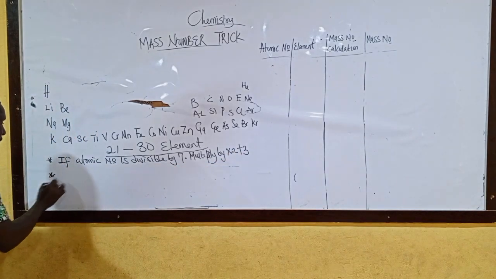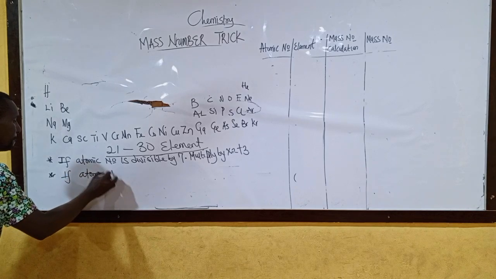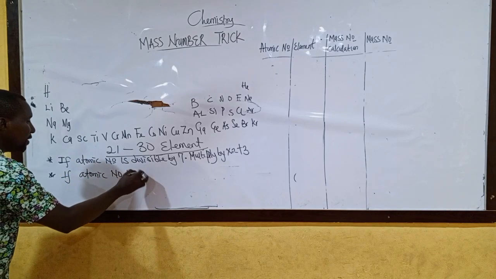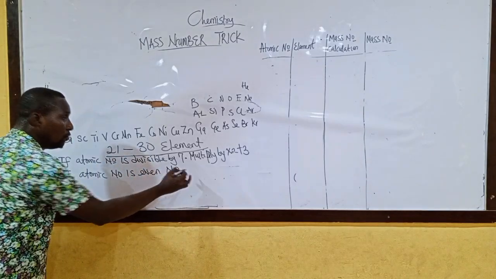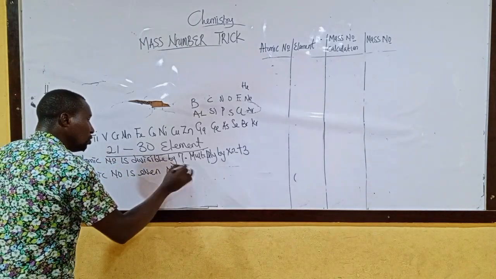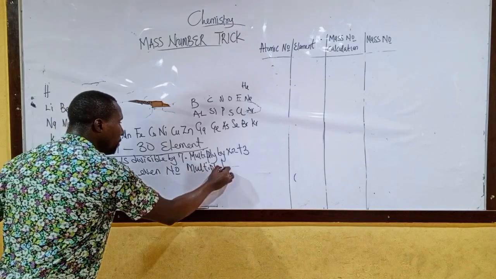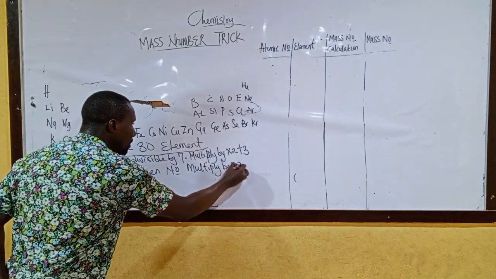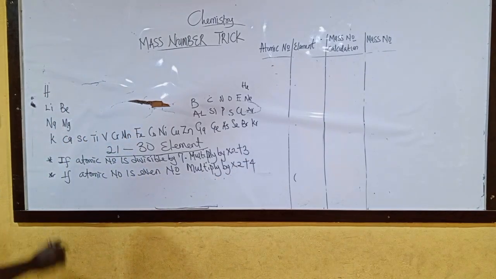Next one. If the atomic number is an even number, what will you do? Multiply by 2, then add 4. Next one.